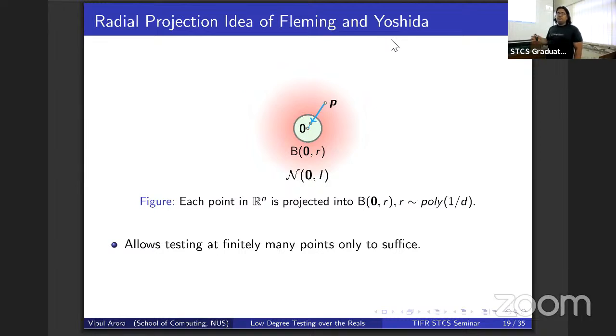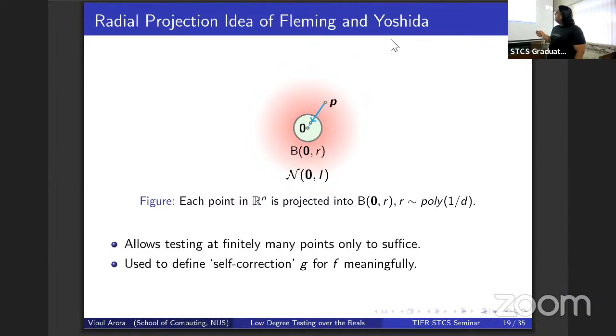Specifically it's 1 by D to the 6. And this then allows us to say that testing only at finitely many points is sufficient to guarantee that if you do not find a witness in these tests, then the function is going to be appropriately well behaved. And this is also used to define a self-correction notion G for it meaningfully.